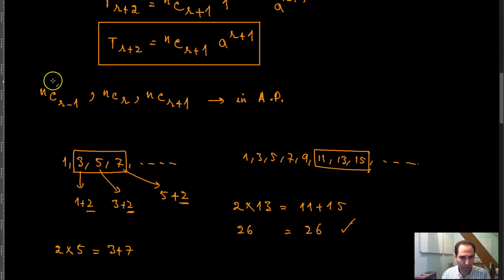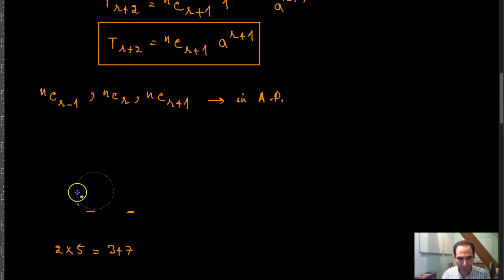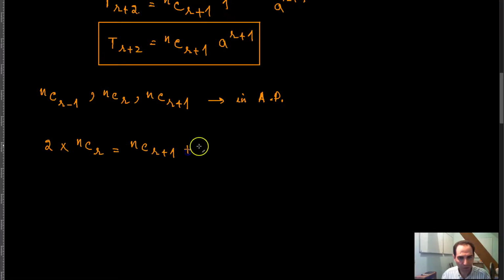Which means that if these three terms are in arithmetic progression, I can write this coefficient 2 times n combination r is the same thing as n combination r minus 1 plus n combination r plus 1.